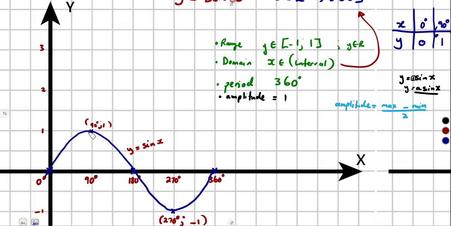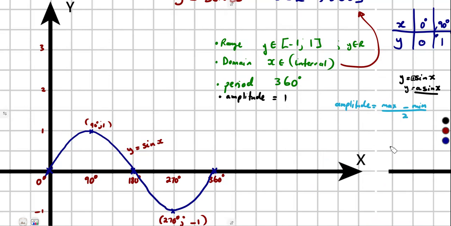Because it is at 1, our amplitude here is 1. But we saw it is maximum minus minimum over 2. Because of this graph of sine of x, we can just look and say, okay, there's a 1 here, that is our amplitude. There's a 2, that is our amplitude. There's a 3, that is our amplitude.